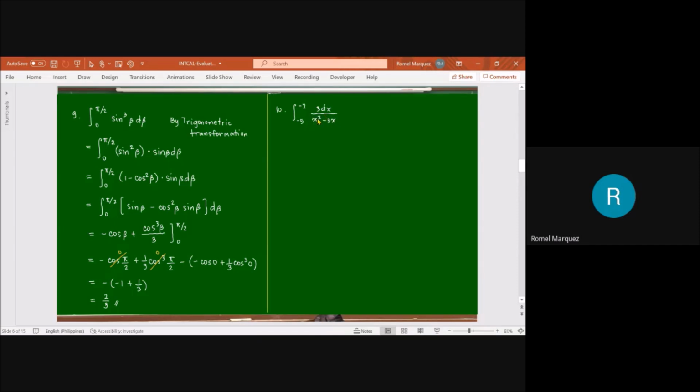By the way, when you are evaluating a definite integral, be sure your integrand will not encounter an undefined value between -5 and -2, meaning between a and b, including a and b. So ito, nagsi-0 siya sa x equal 0 tsaka sa 3. Yan bang 0 at 3 ay nasa pagitan ni -5 at -2? Wala naman, di ba?